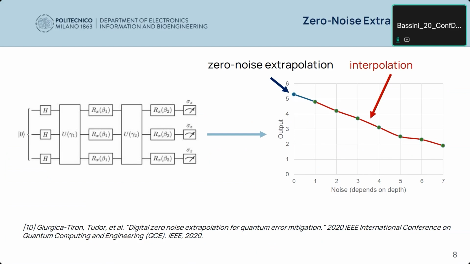So, given the noise, I understand what the output is. At this point, what I can do is some measurements in my noisy device and extrapolate what the correct output should be if noise were zero. And this is how it works, basically.